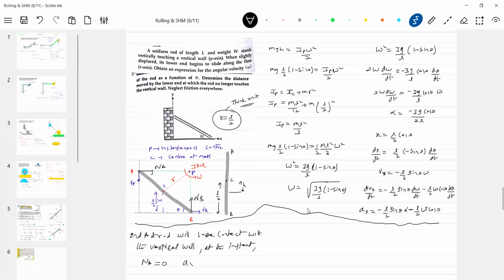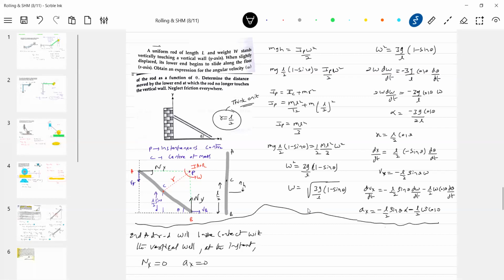If NA is 0, then acceleration AX must be 0. Okay, that is the condition I'm going to put.